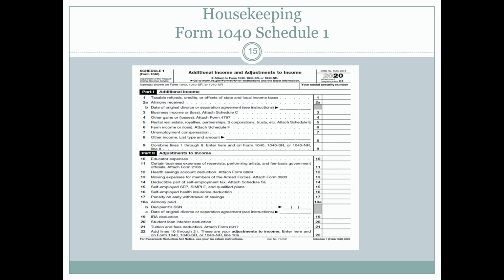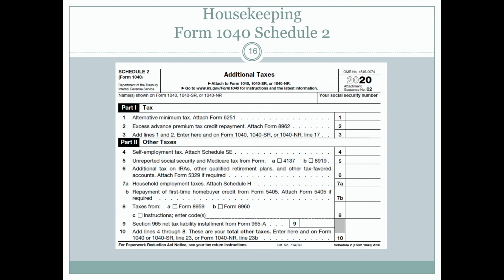And the next schedule that we have is our additional taxes. So there is Part 1 where it has taxes, and then Part 2 where we have other taxes. We'll be going into that to see if a taxpayer or spouse is subject to any of these additional taxes. And for this Schedule 2, we have these summary amounts, summary taxes that will roll again into the 1040.